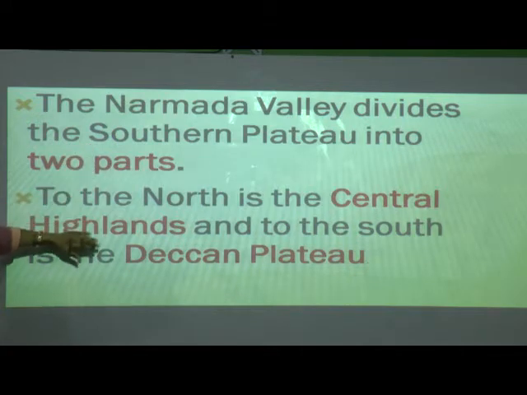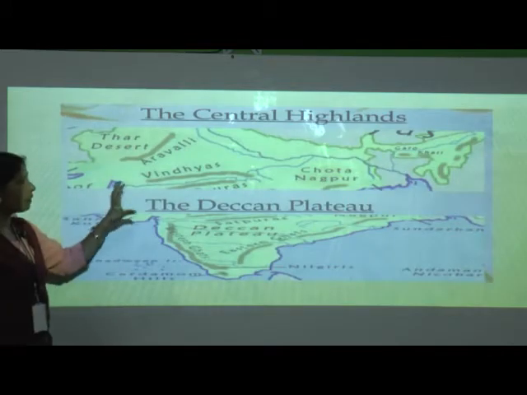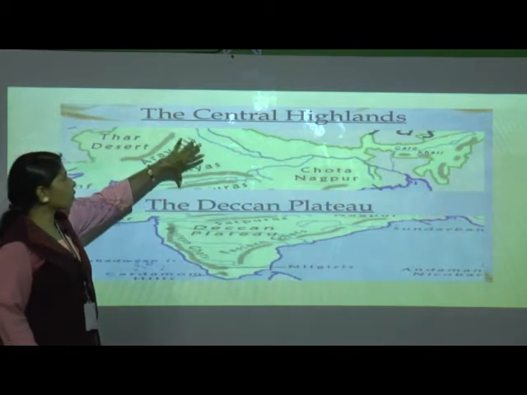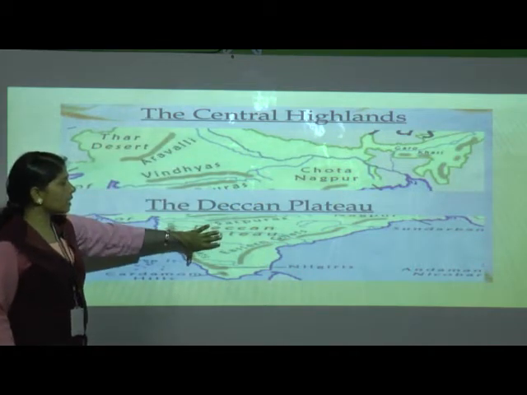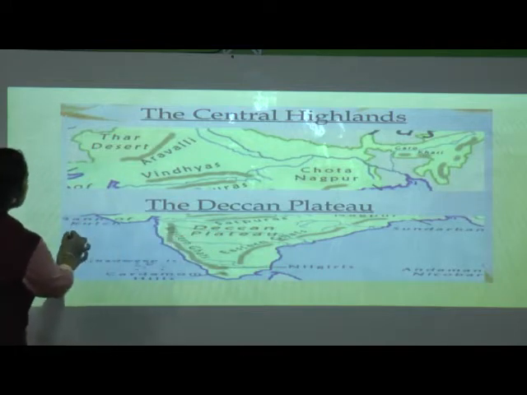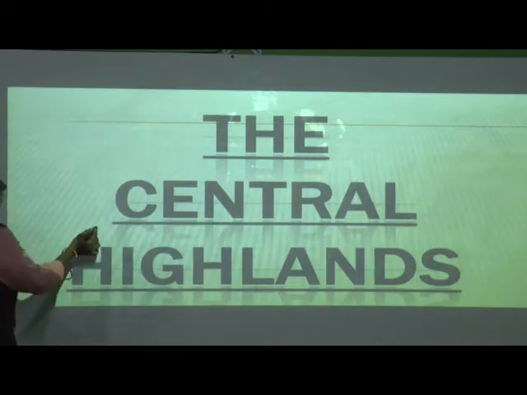The Central Highlands and the Deccan Plateau. This is the Narmada Valley, which divides our Southern Plateau into two. The first is the Central Highlands, the second is the Deccan Plateau. Now let us see more detail in the Central Highlands.